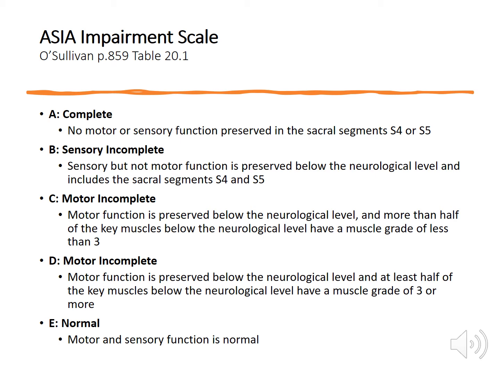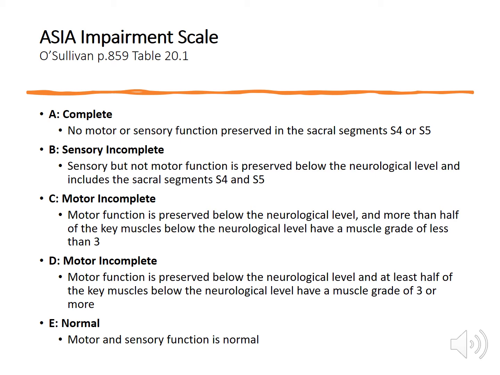Then we have D, which is now a little different because motor function is preserved below the neurological level, and at least half of the key muscles below the neurological level have a muscle grade of 3 or more.